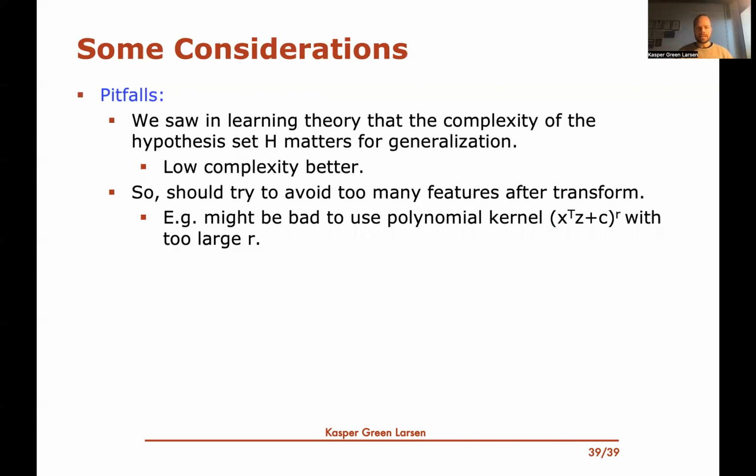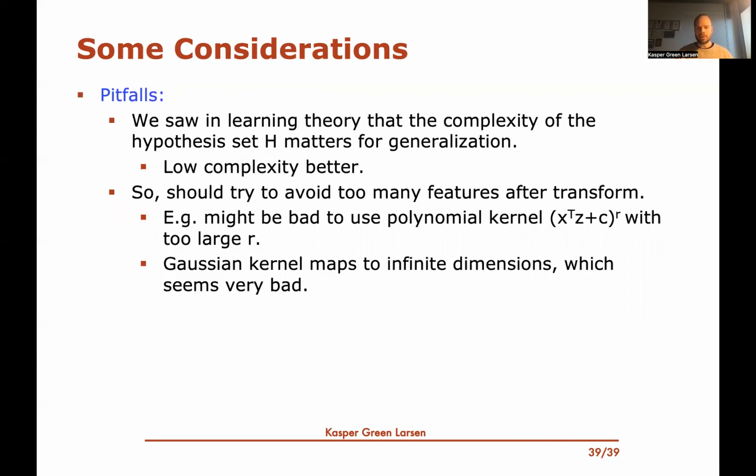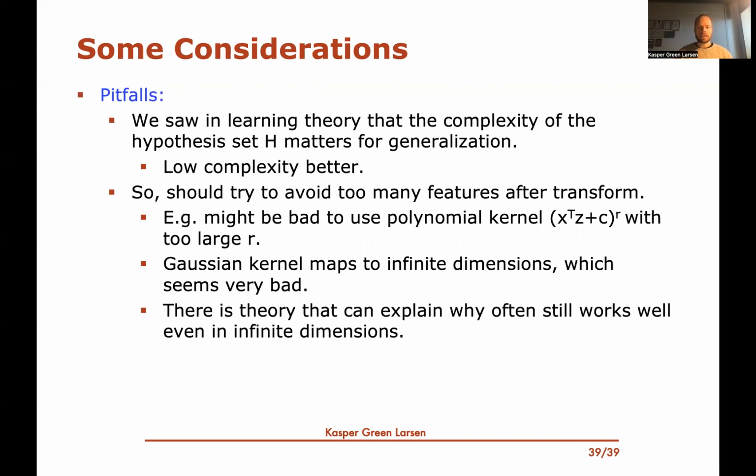So for instance, it might be a bad idea to use a polynomial kernel with a too large R. And maybe also a Gaussian kernel mapped to infinite dimensions actually seems really bad, even though on these previous plots it actually looked kind of reasonable. There is a theory that can explain why it still works, even though we go to infinite dimensions. But it's beyond the scope of these videos that we're making here. But there are actually theoretical results that explain why it still works.